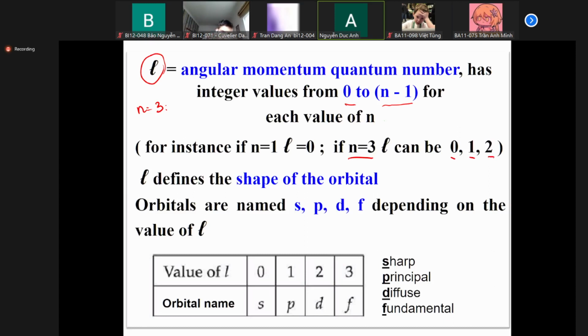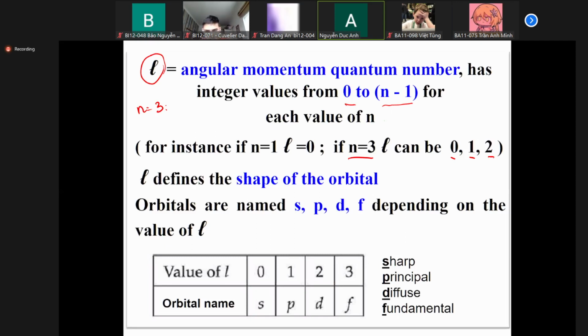It means that from the principal quantum number of 3, the energy level 3, you will have at least 3 types of orbitals with angular momentum quantum numbers of 0, 1, and 2.